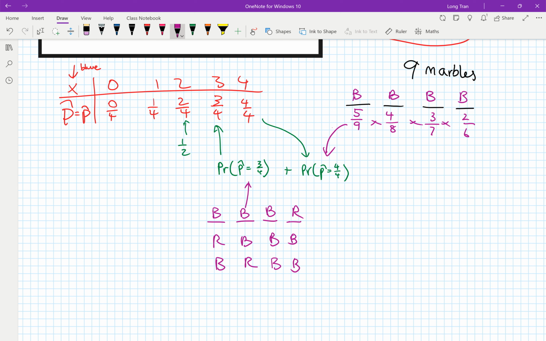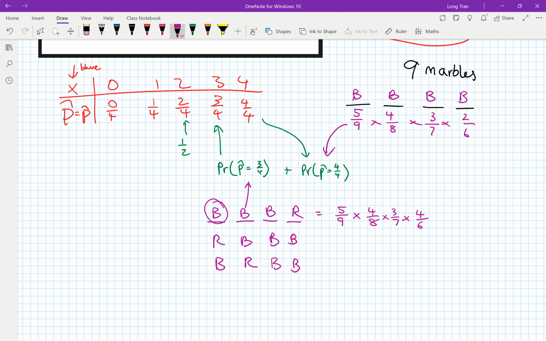In each one, the chances of getting a blue in the first go would be 5 out of 9. There are 9 marbles. If you choose another blue, then there's 4 out of 8, and then 3 out of 7. But remember, the reds we haven't touched, so there should still be 4 left out of now 6 choices left.